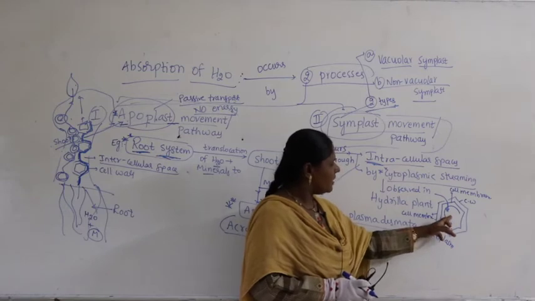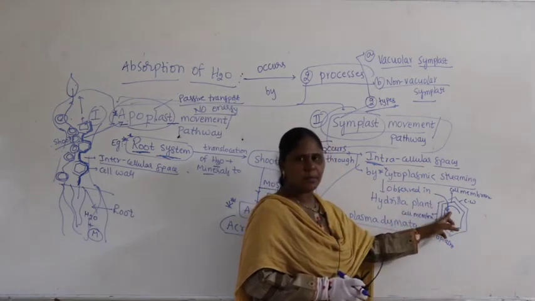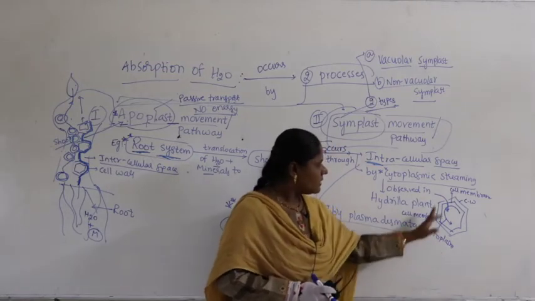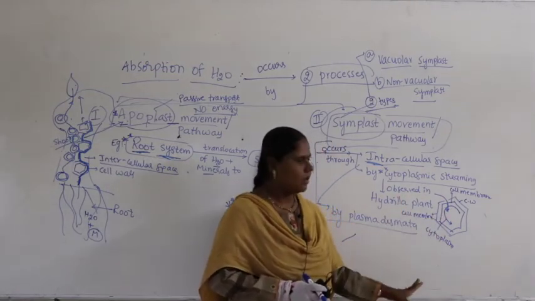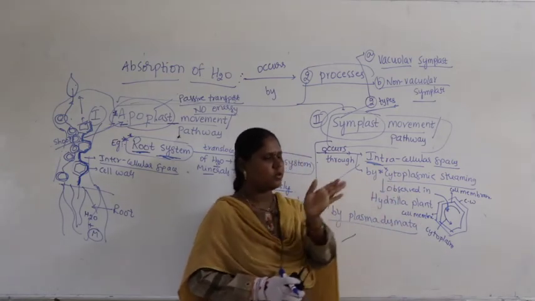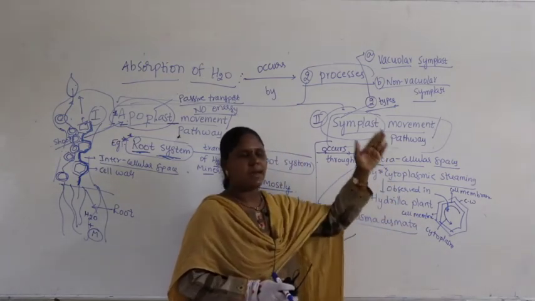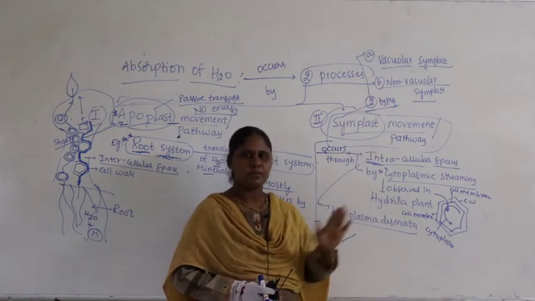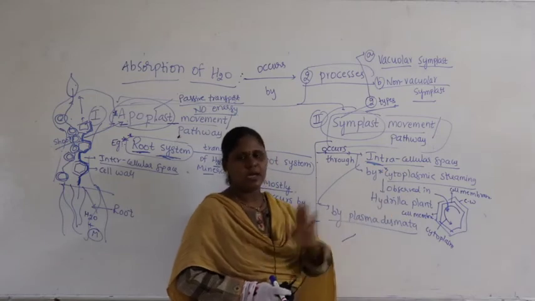So what you can see here is that it enters across the cell membrane into the cytoplasm. Now the cell is fully filled with fluid. In some plants the cytoplasm shows clockwise rotation, in some anti-clockwise rotation. That means the cytoplasm keeps moving from one place to another.